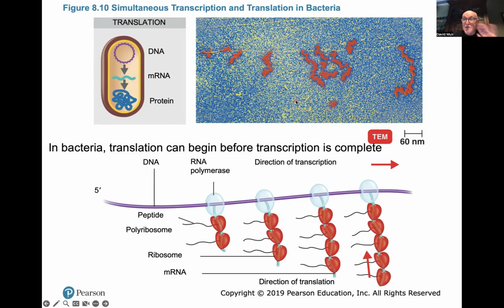This also gives the lesson that from a single strand of DNA, we may have many transcription events running at the same time, and on any messenger RNA strand, we may have many ribosomes performing translation. So it's a very efficient process. As soon as that gene is switched on, its product is produced in abundance very rapidly.